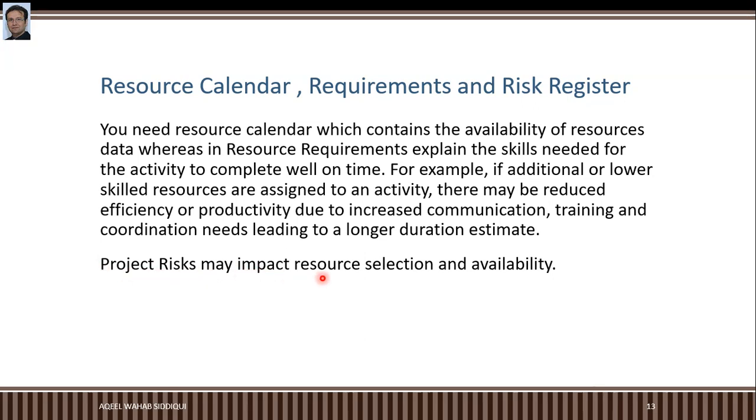So these are all the inputs you need to work on estimate activity duration. You need the project management plan, the schedule management plan, the work breakdown structure, the work breakdown structure dictionary, the project scope statement, define activities, sequence activities meaning the network diagram, the activity attributes document, the milestones list, resource requirements, calendars, and the risk register.